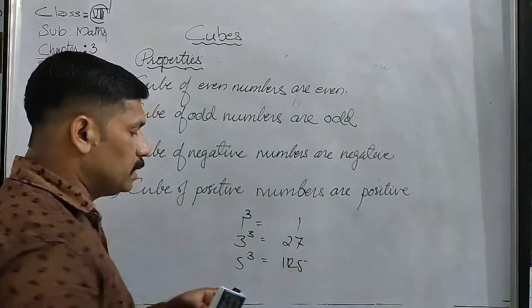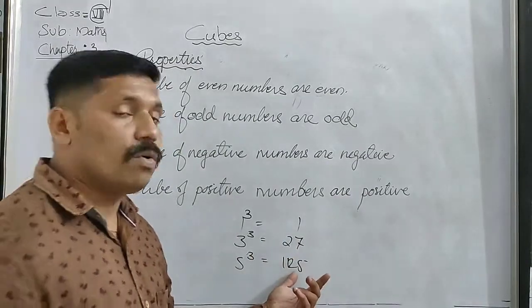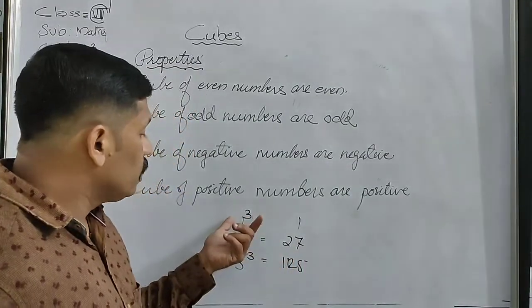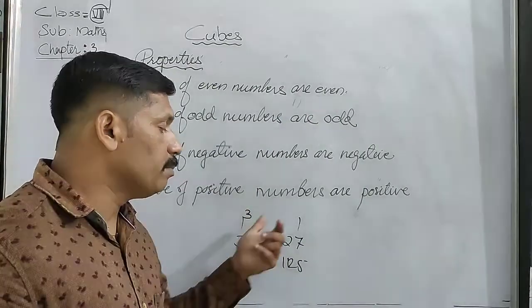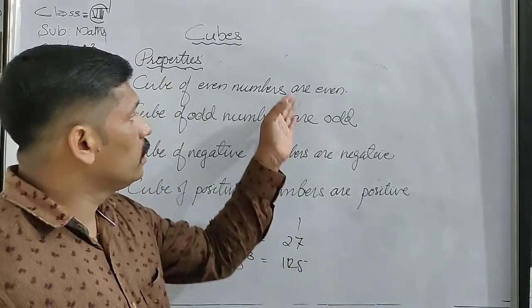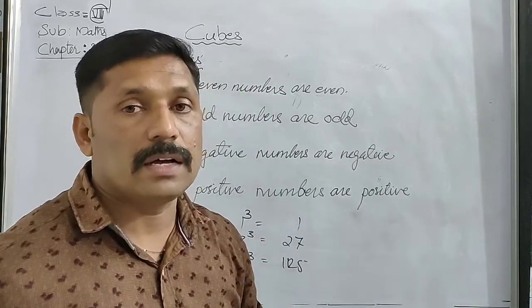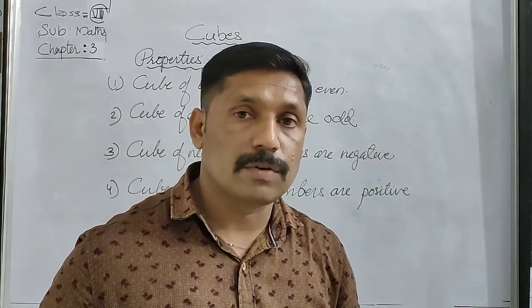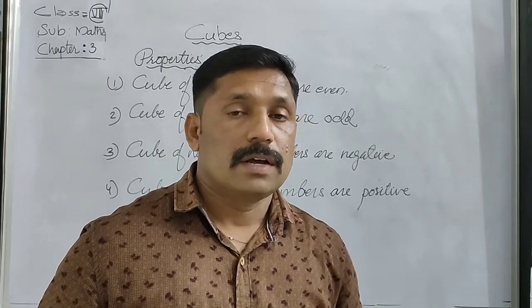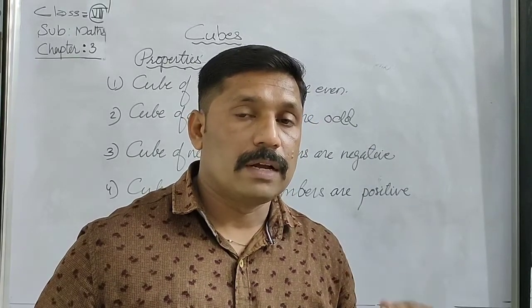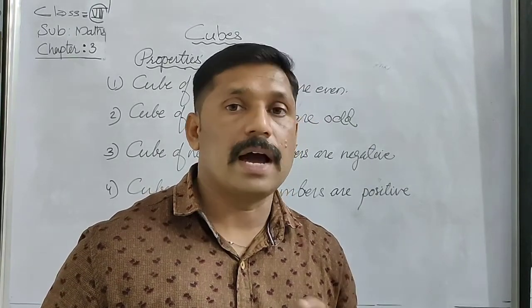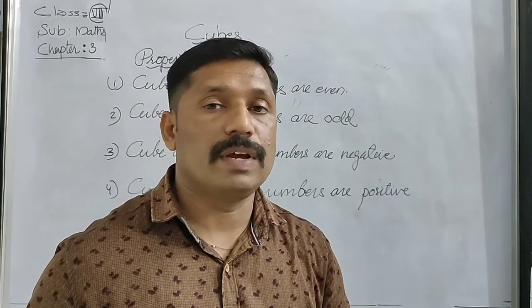So all these numbers are odd numbers. So here the cube of every odd number will be odd and the cube of every even number will be even. So these are the first two properties of cube numbers.